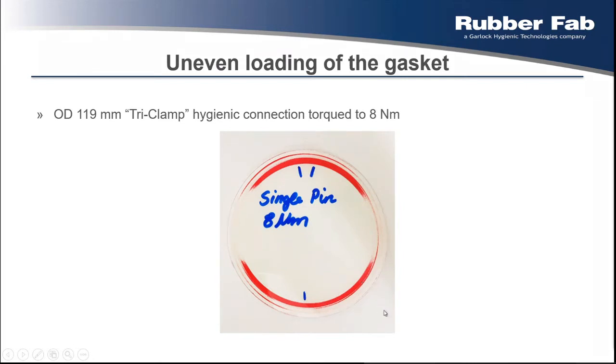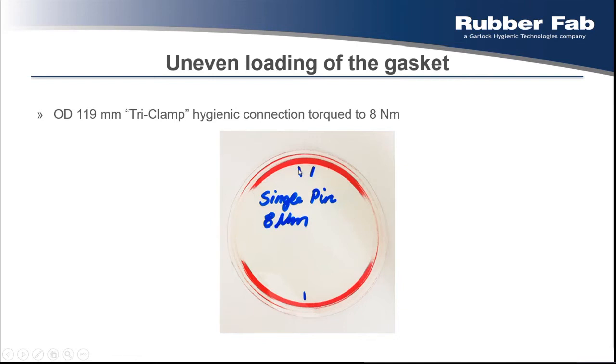You install it by the books: you use a torque wrench, you of course have all the equipment inspected, and so on. And you can still see that with the most common clamps used to install the connection, we have an uneven loading of the gasket, indicated by the irregular red color of this film.